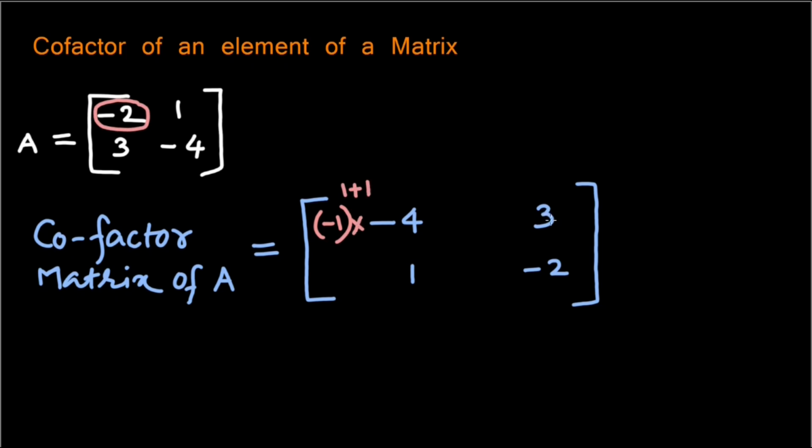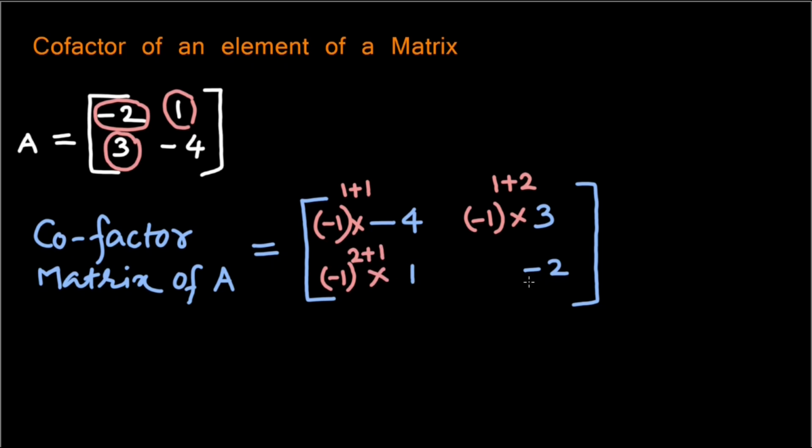Then we will multiply this 3 by minus 1 raised to the position of this 1, which is first row, second column, first row plus second column, multiplied by this 3. Now we will multiply this minor 1 by minus 1 raised to the position of this 3, which is second row, first column, second row plus first column, multiplied by 1.